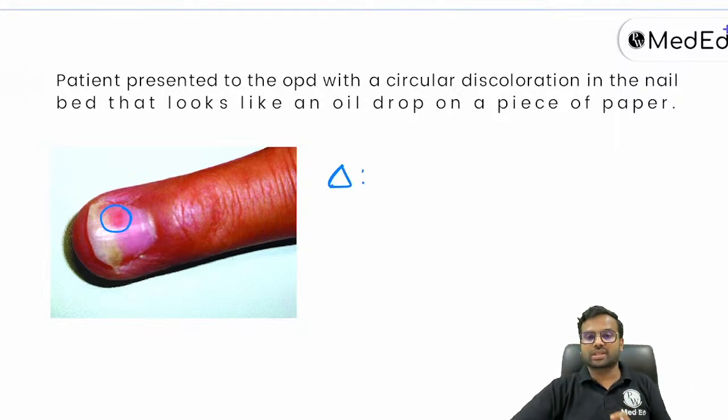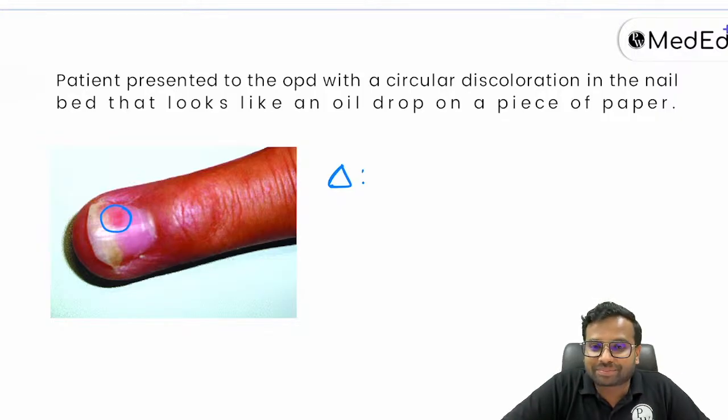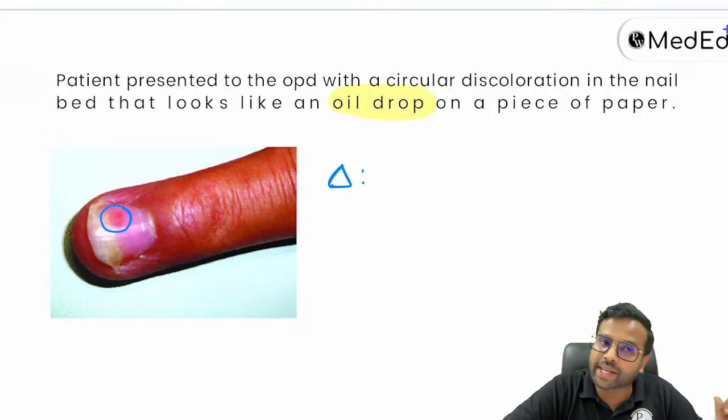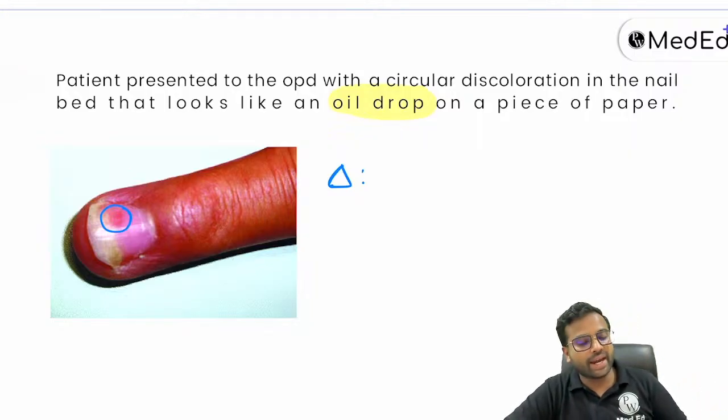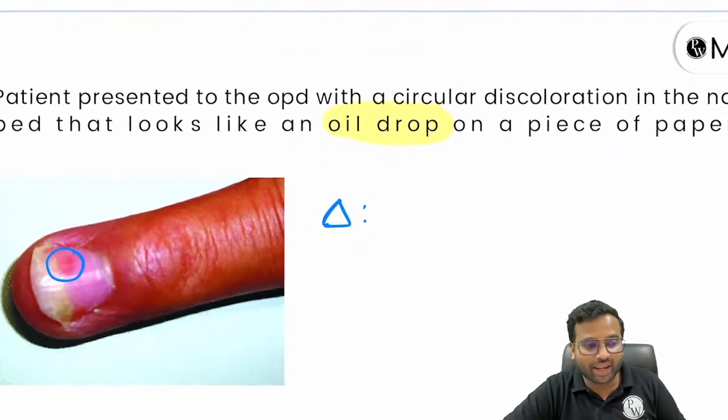What is the diagnosis? The clue is it looks like an oil drop on a piece of paper which can be seen over the nails. Yes, very good. AD is answering it as psoriasis.